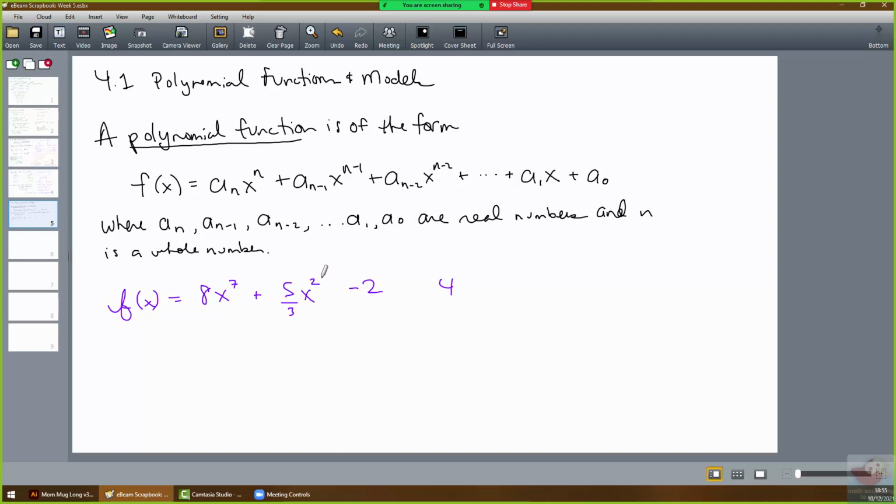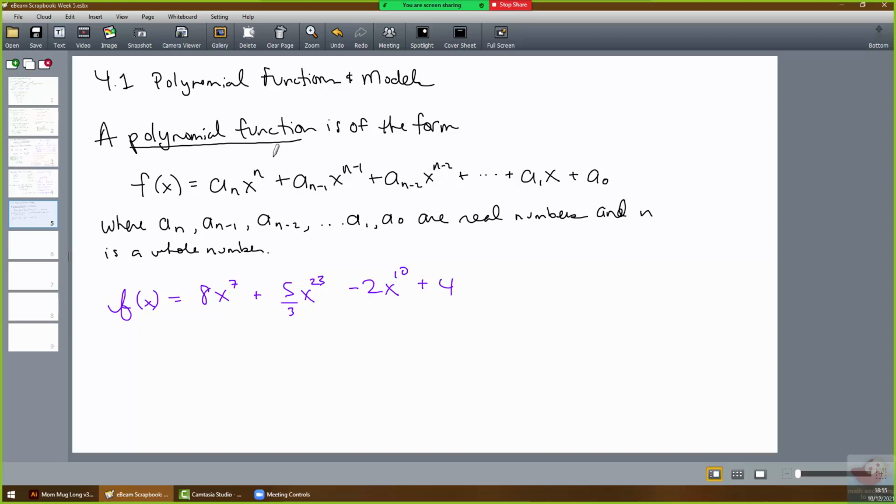Ooh, that's very fancy. I need one more. 10. Works for me. So we've created the function f of x is equal to 8x to the 7th plus 5/3 x to the 23rd minus 2x to the 10th plus 4. Congratulations, that's a polynomial.